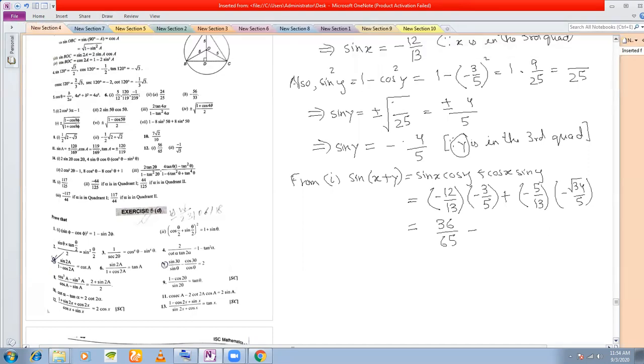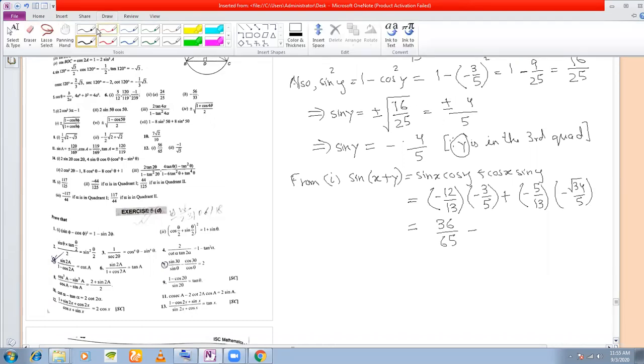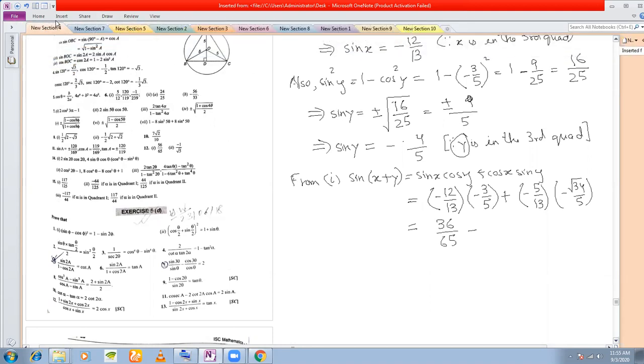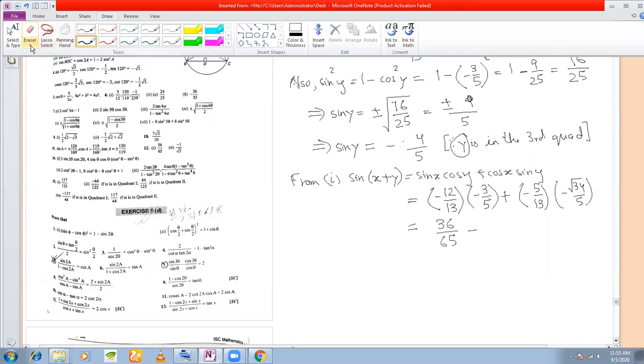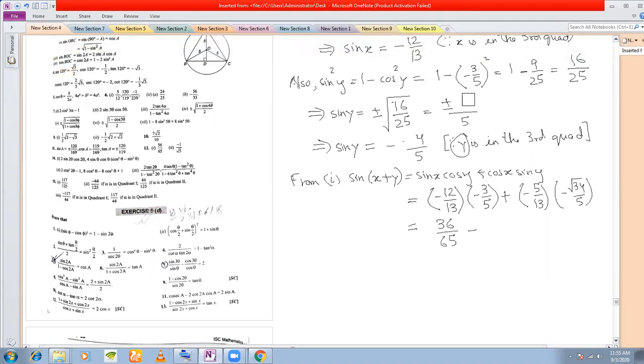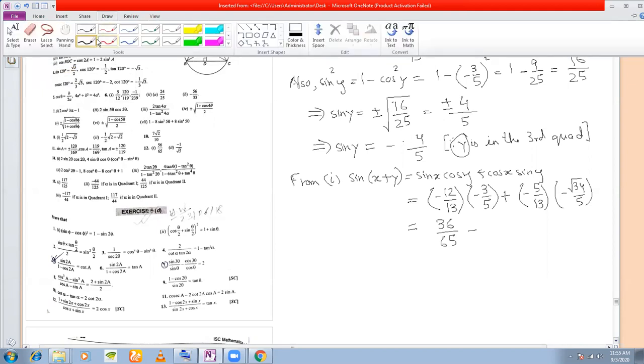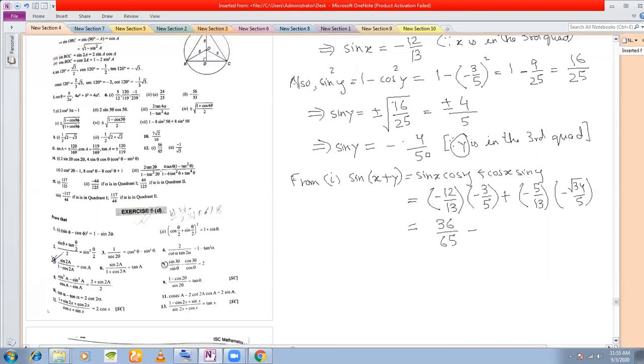So this should be 1 minus 9 by 25, which is 16 by 25. So this means plus or minus root of 16 by 25, which means plus or minus 4 by 5. Which means we accept the negative sign because y is in the third quadrant.